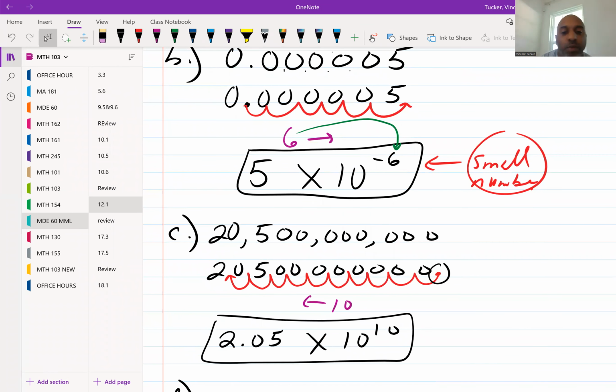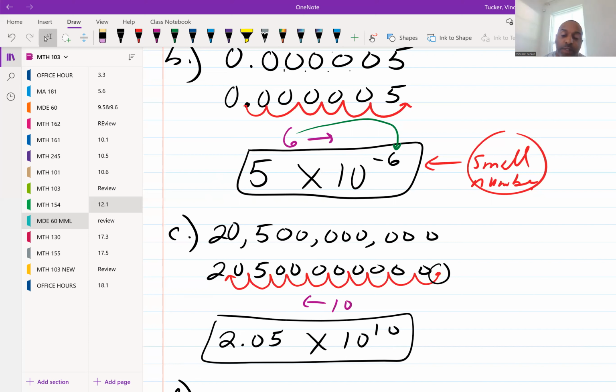So here we have 20,500,000,000. That would be 20.5 billion. Once again, we look for our decimal and we see it will be to the right of our rightmost digit, which is a 0.